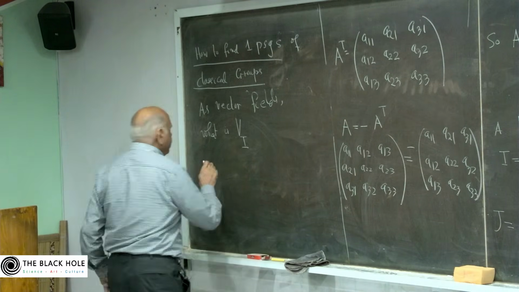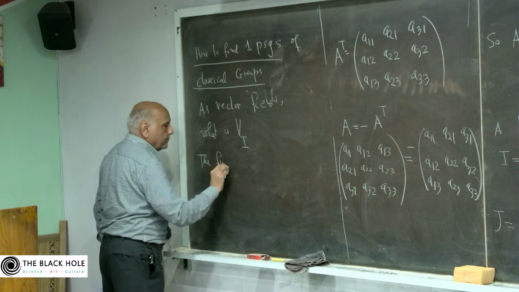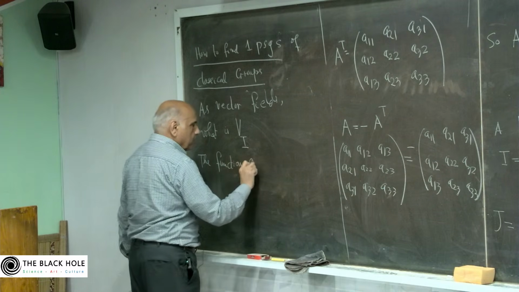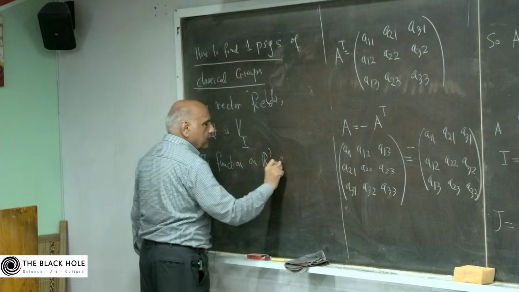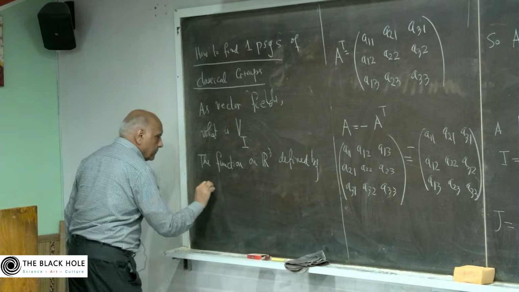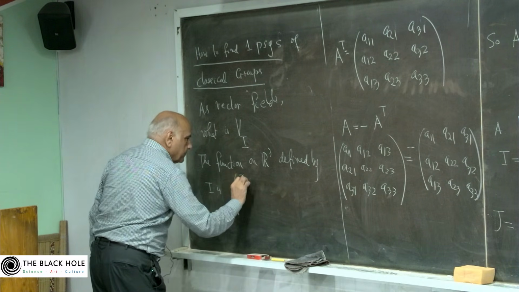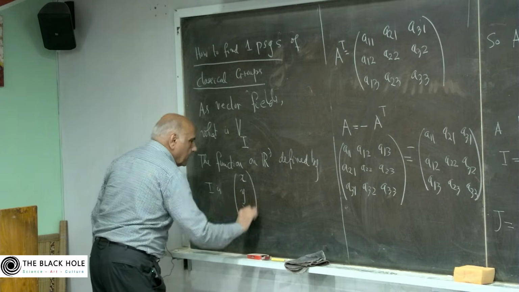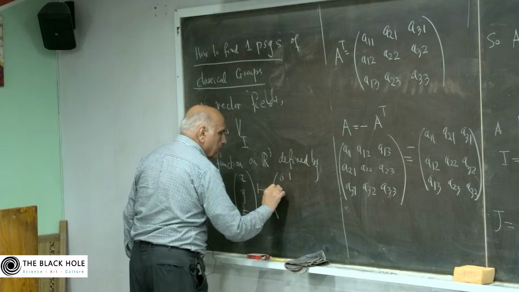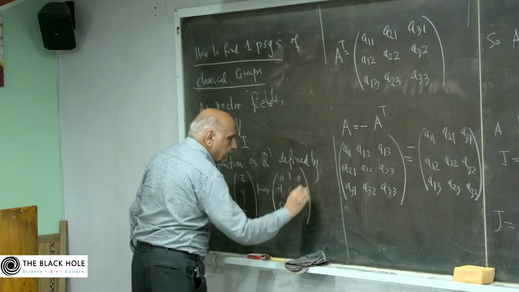Okay, so the function defined by the linear transformation on R3 defined by I is (x, y, z) goes to the matrix 0, 1, 0; minus 1, 0, 0; 0, 0, 0 times (x, y, z).